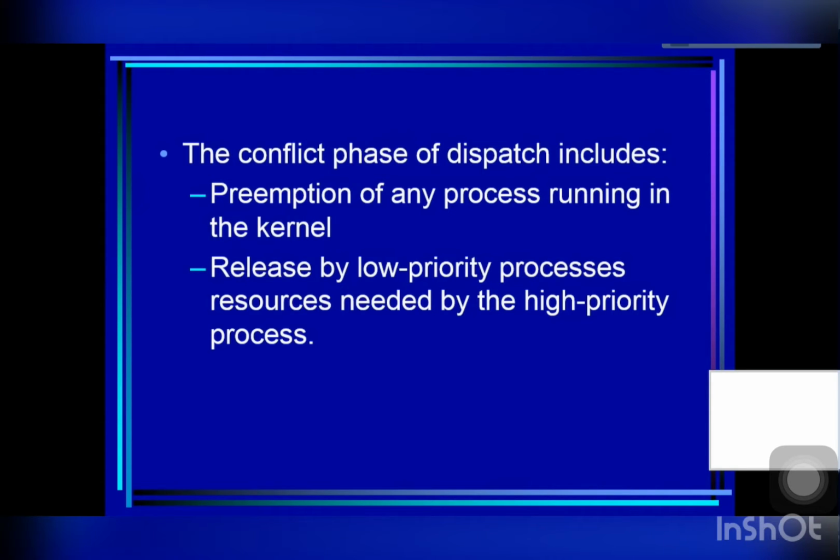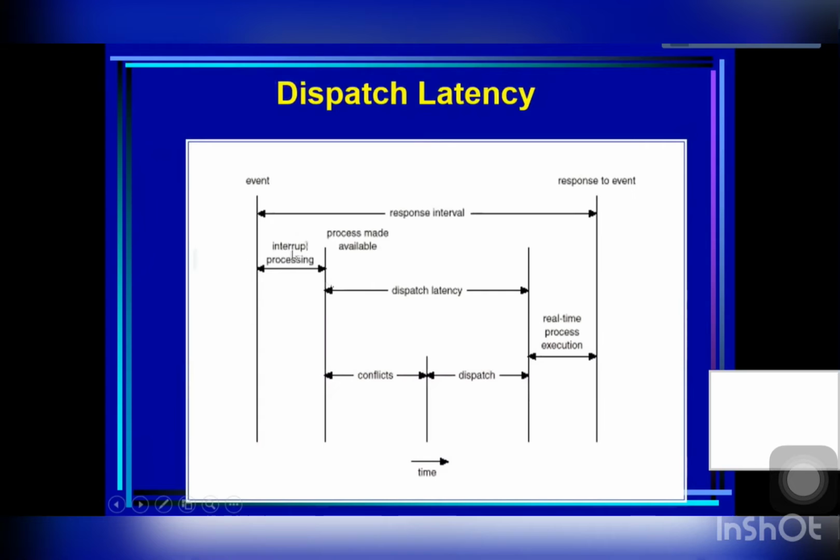When an interrupt occurs, as in this picture, we see the interrupt processing, which refers to the interrupt latency. When an interrupt occurs, here an event happens, the operating system must first complete the instruction it is executing and determine the type of interrupt that occurred.